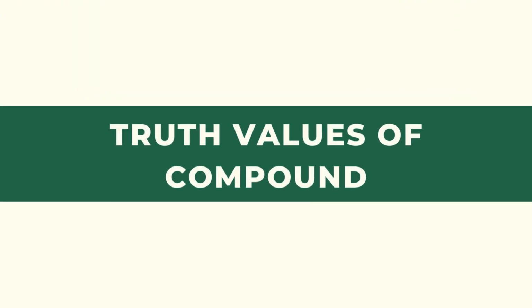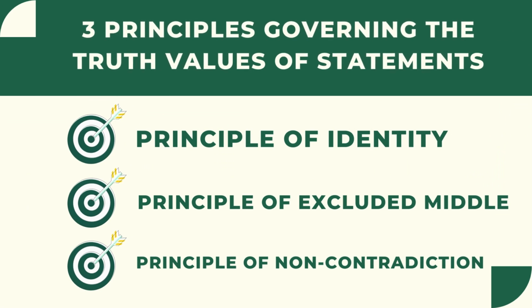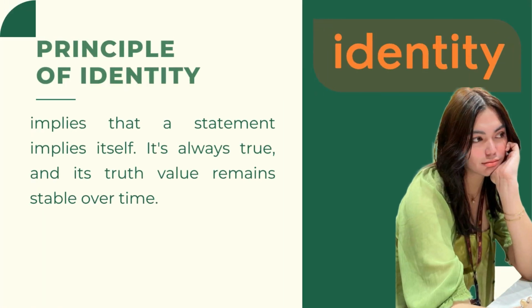I'm doing great. Let us now take an inside look at the truth values of compound statements by first familiarizing ourselves with the three principles governing the truth values of statements. The principle of identity implies that a statement implies itself.